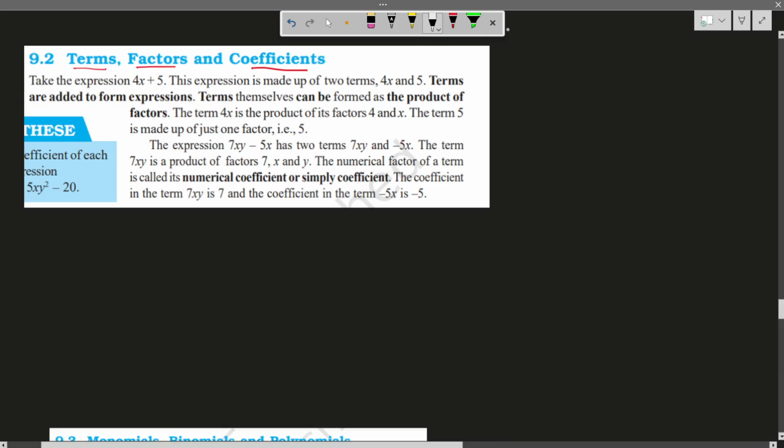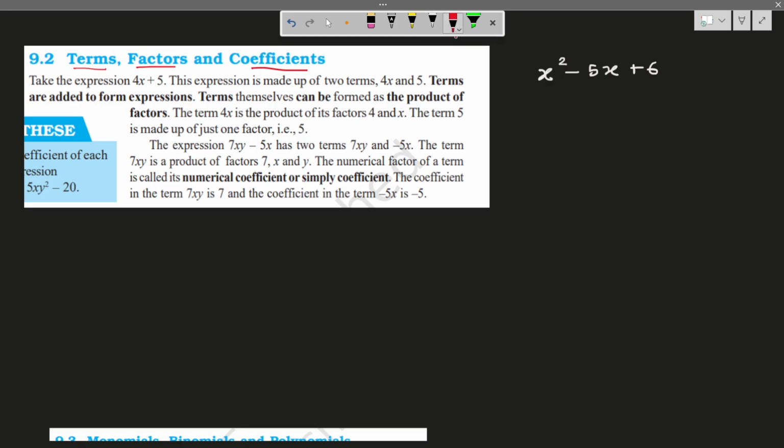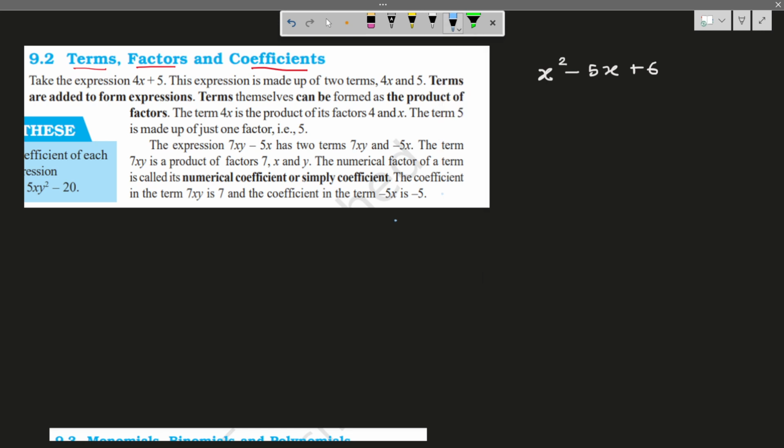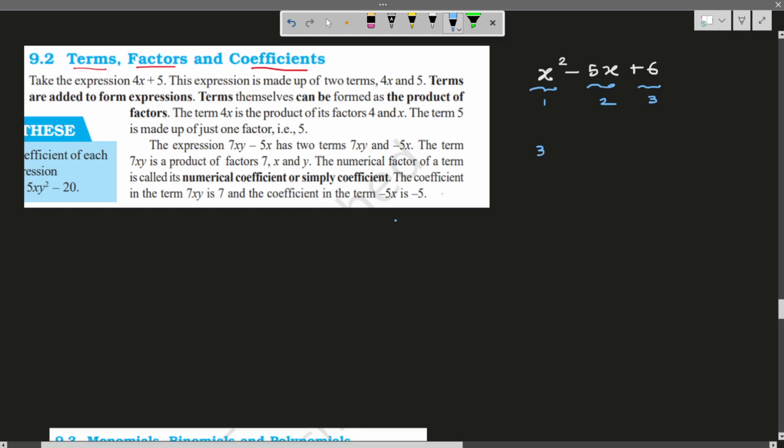Let me take the expression x square minus 5x plus 6. Can you guess how many terms this expression contains? Yes, this expression contains 3 terms: 1, 2, and 3.